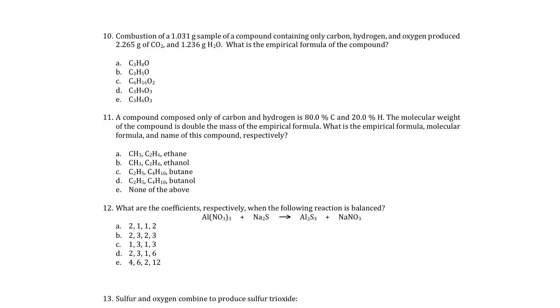Moving on to number 10. Combustion of a sample leads to C, H and O. There's the empirical formula of the compound. So what we want to know is the number of grams of carbon plus the number of grams of hydrogen. We can subtract those off in the sample to get the mass of our third element here, oxygen. So the number of grams of carbon here, 2.265 is the mass of CO2.